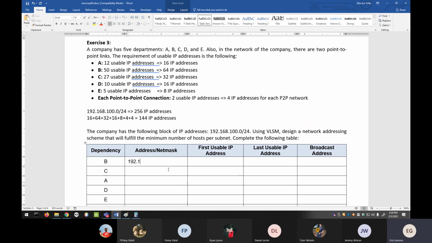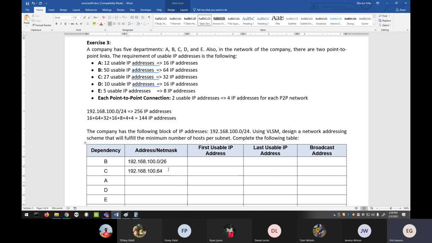So what will be the network of B? 192.168.100.0 / what? 26, correct. Because if it's a /26, I am giving it 64 IP addresses. So if B has 64 IP addresses, C will start where? 0 plus 64 is 64.